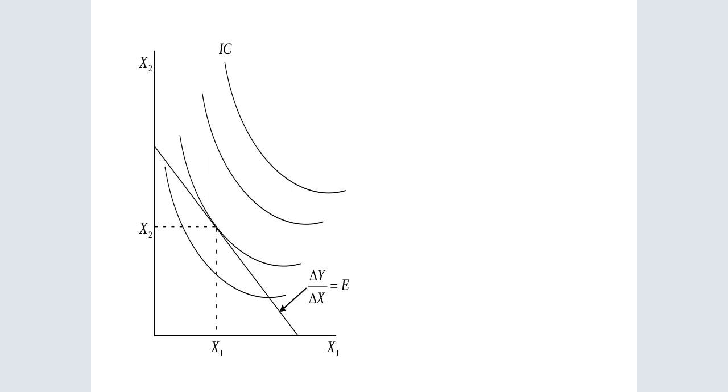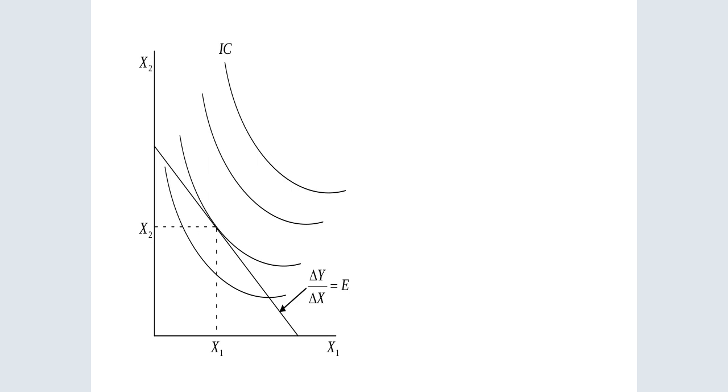So if you compute, for example, the slope of the indifference curve that is illustrated there, the slope is given as the change in y over the change in x, which should be equal to E. So we can use E to show the slope of that indifference curve.